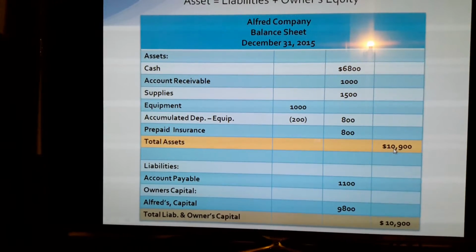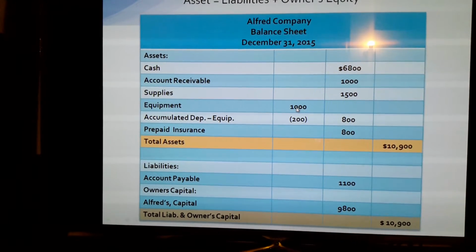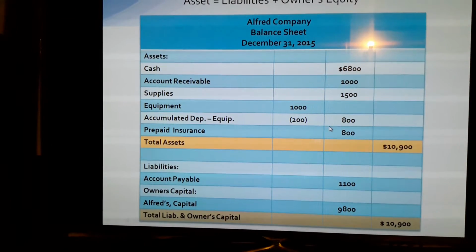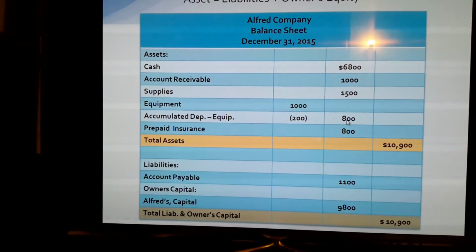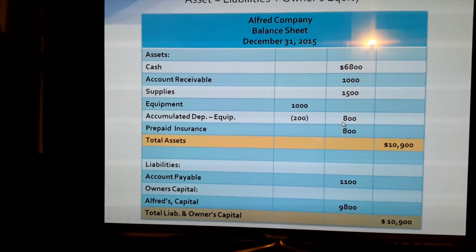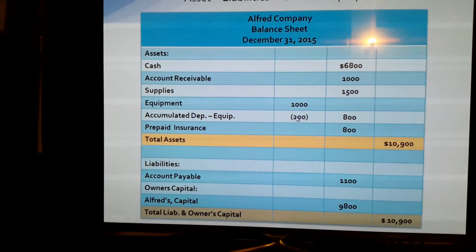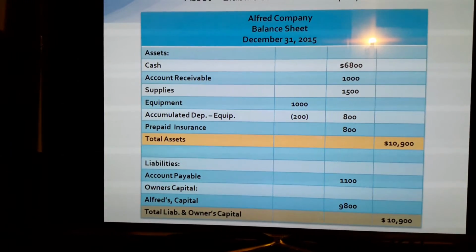This is your total assets. Look at what happened here. The equipment was 1,000, and now it depreciated by 200. So the value by the end of the year is 800. If you prepare for 2016, this is going to be 600 because the depreciation is going to go up. So you have to pay attention to that.